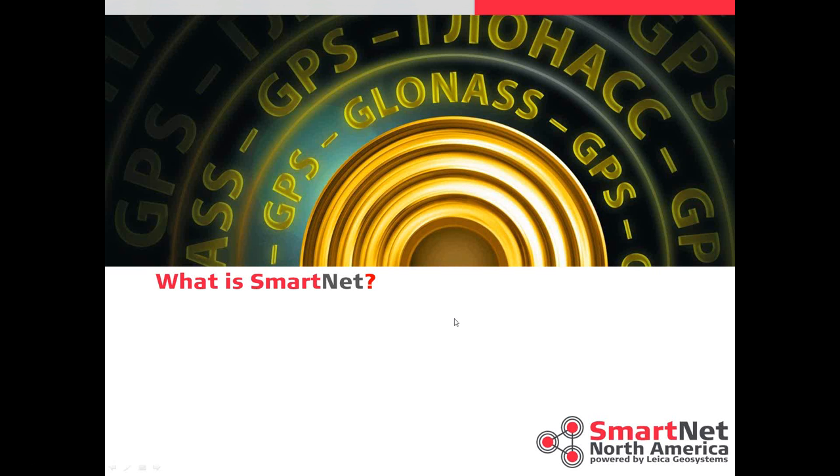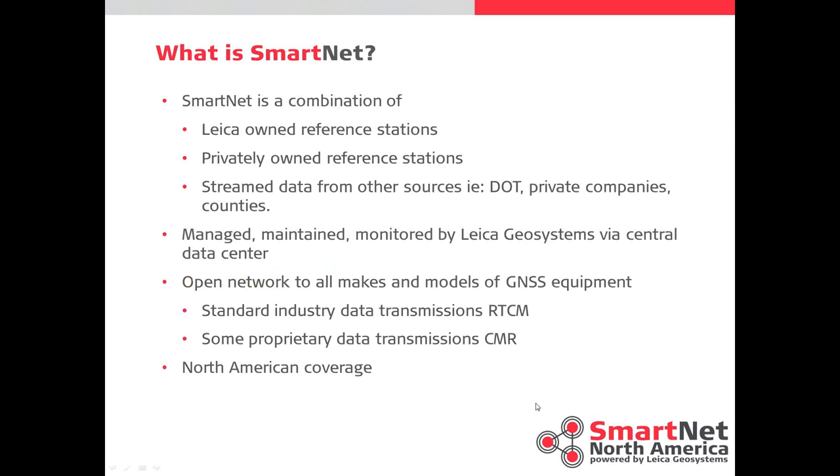and so we'll get into real quickly what is SmartNet, just in case you didn't know. So SmartNet is a combination of Leica-owned reference stations, privately owned reference stations, and stream data from other sources, DOT, private companies, counties, etc., that is managed, maintained, and monitored by us, the SmartNet group, via a central data center by Leica Geosystems. It's an open network to all makes and models of GNSS equipment.